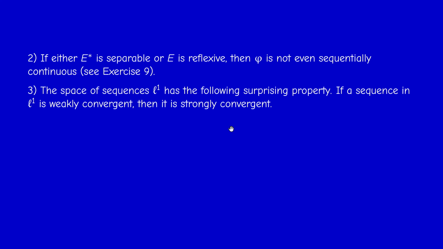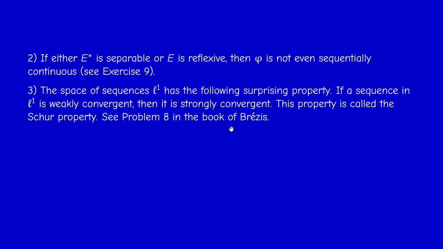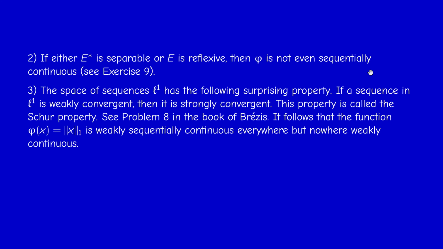But these two topologies have the same convergent sequences, and this is something really specific to l1. It's not true in any normed space. You can find this proof in problem 8 in the book of Brezis, if you like. So therefore, if we take E to be l1 and take phi to be the norm, then this phi is weakly sequentially continuous everywhere, but nowhere weakly continuous.